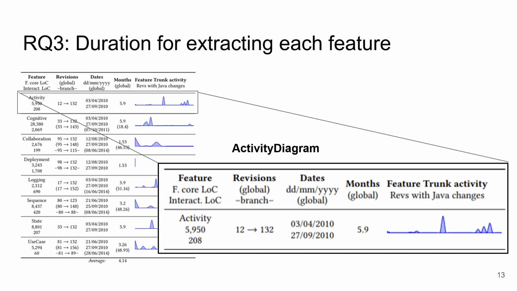This table summarizes this information, including an analysis of the activity on the trunk for the feature under study: the lines of code changed related to this feature or one of its feature interactions during the revision range. We can see, for example, that for activity diagram, with around 6,000 lines of code, almost 6 months were needed until the extraction of the feature was stable.